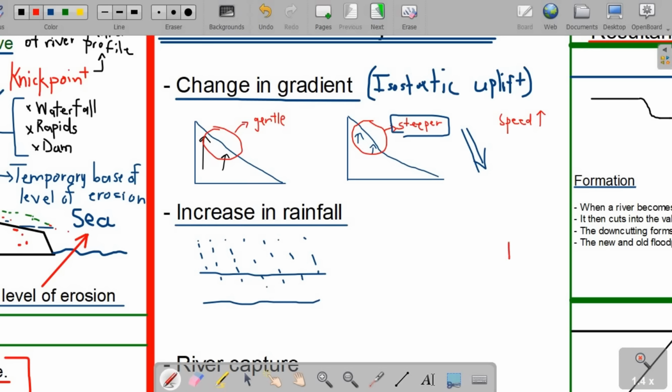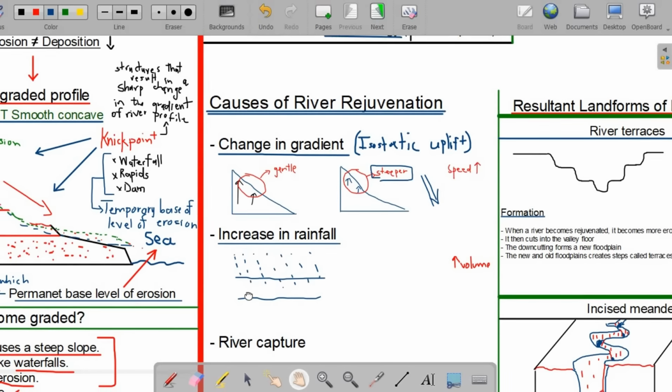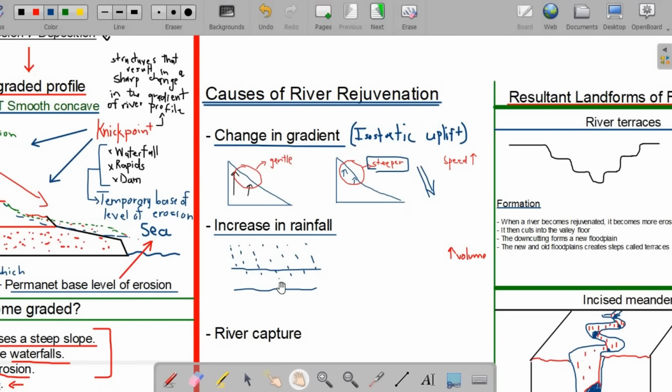Because more water particles enter the river channel, and hence a lot more water flows in that river channel than before. And so now it has more energy, it has more momentum, and that's how it has gained its energy. So it's a pretty simple explanation there, the increase in rainfall.